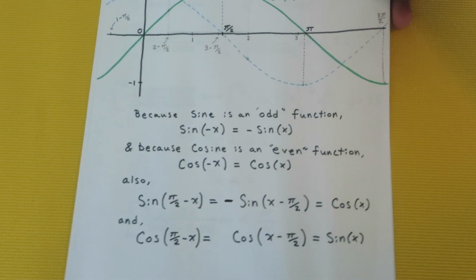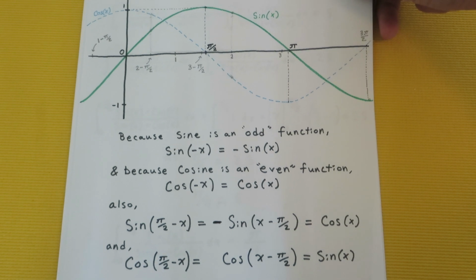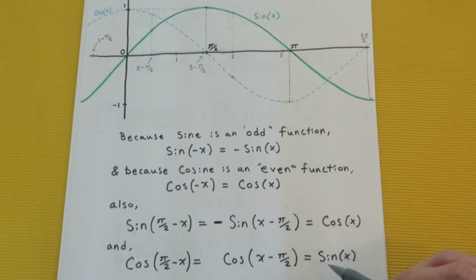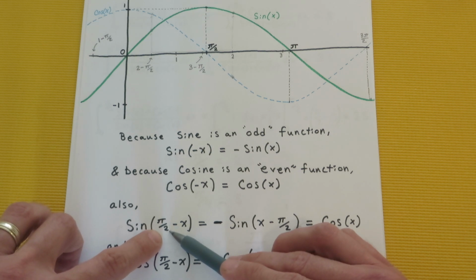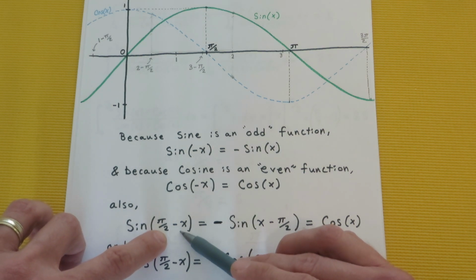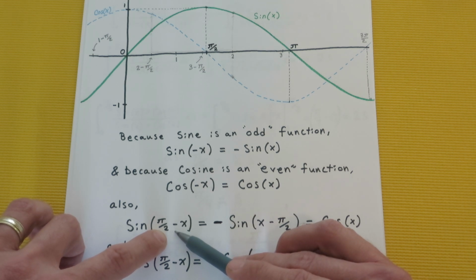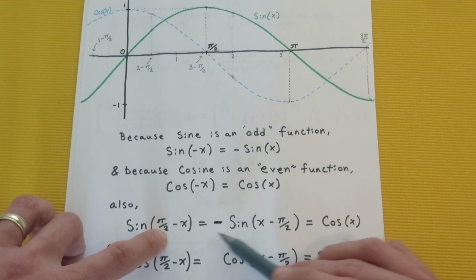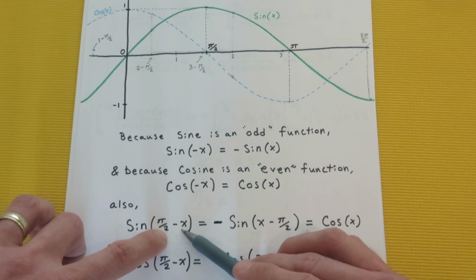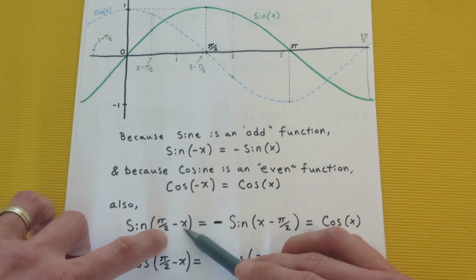One more last step here. I want you to note that when we plug pi over 2 minus x into each part of the function here, we can use these identities to figure out what would happen if we swap the x and the pi over 2 around.